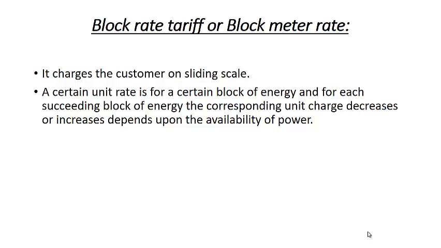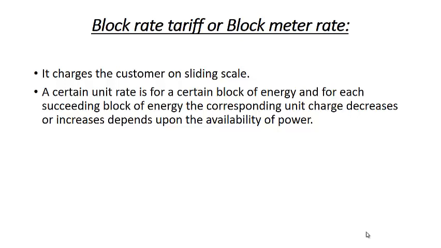Another 200 units may be charged 2 rupees per unit. Another 200 maybe 4 rupees per unit. As the blocks are made of 200 units, you can see, as in the example I have given, the unit charge has increased. So in this case, we can say this is the block rate tariff.